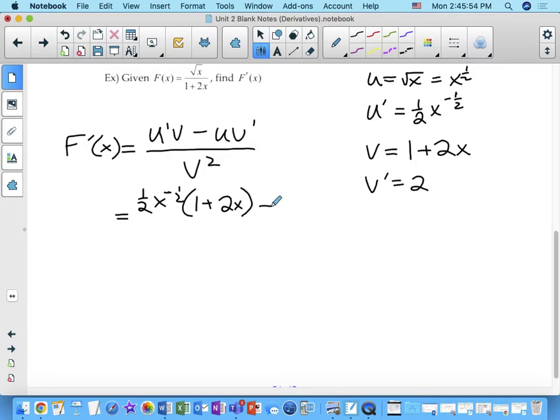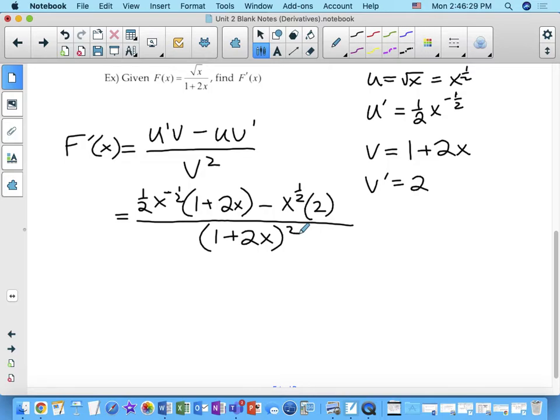So u is x to the 1/2, times v prime, which is 2, over v squared, which is 1 plus 2x squared. And now there's a bunch of simplification to do.